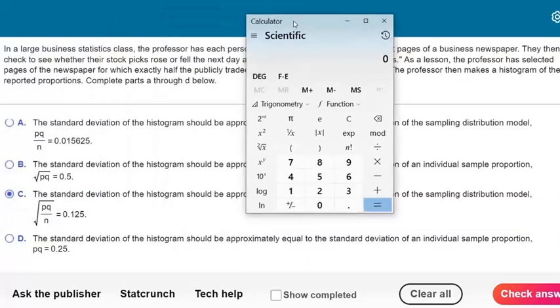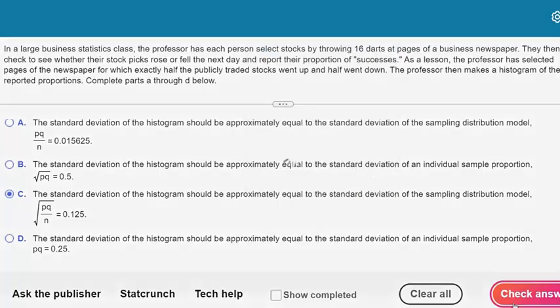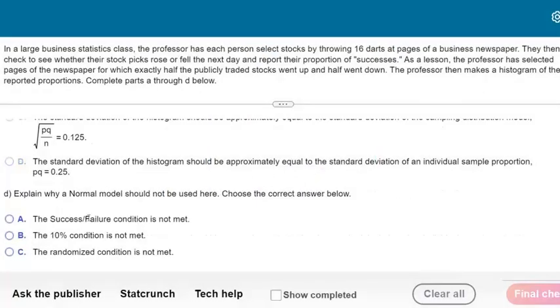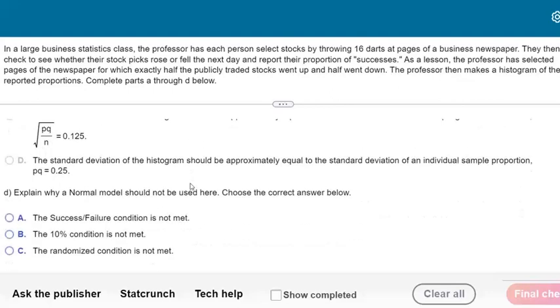And we can do that real quick. 0.5 is probably a success, and I haven't explained this yet, but I'll tell you in the book, q is 1 minus p. So 1 minus 0.5 is also 0.5. So if we take the square root, yeah, that checks out. Okay, so that is the standard error of a proportion. So that'd be the standard deviation of the histogram.